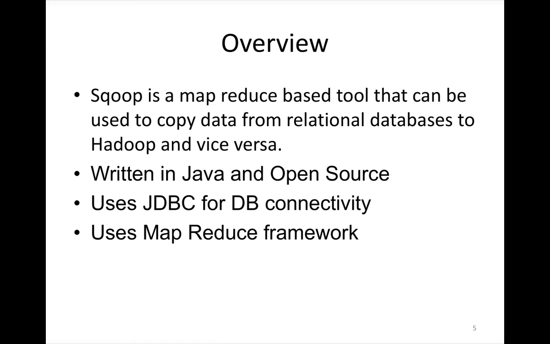For that reason, people have incubated this project of Sqoop in Apache, so that if people want to copy data from relational databases into Hadoop or vice versa, a much more developer-friendly tool such as Sqoop can be used to do so.